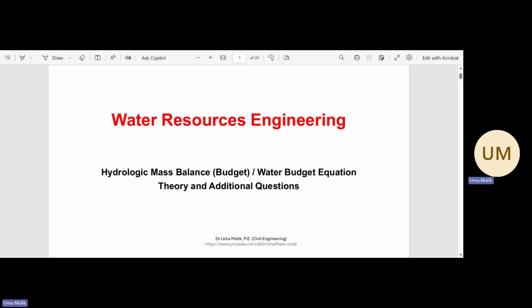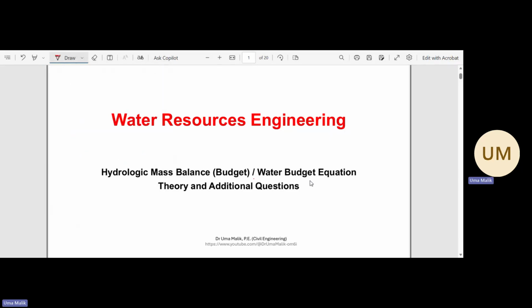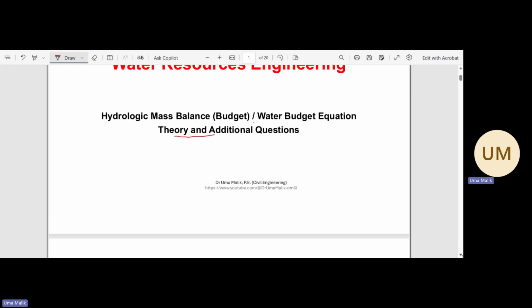The topic and the problem questions I will be covering will be hydrologic mass balance, also called the water budget equation. Just a little bit of theory on this topic, and then we will move to the additional questions.